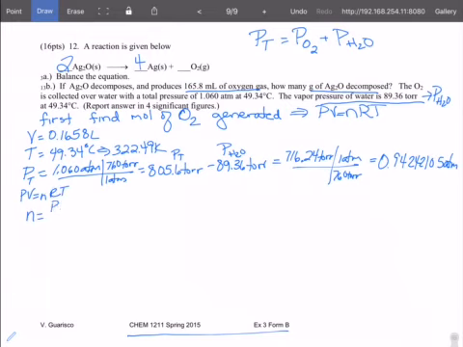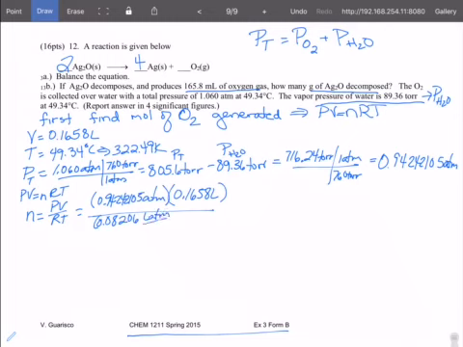Okay, so now, again, if we're doing PV equals nRT, then n is equal to PV over RT, which means pressure, which is 0.94242105 atmospheres, times volume, which is 0.1658 liters, divided by gas constant, which is 0.08206 liter atmospheres per mole K, times temperature, which is, there it is, 322.49 K. So when we do the math, we end up with 0.0059044 moles.